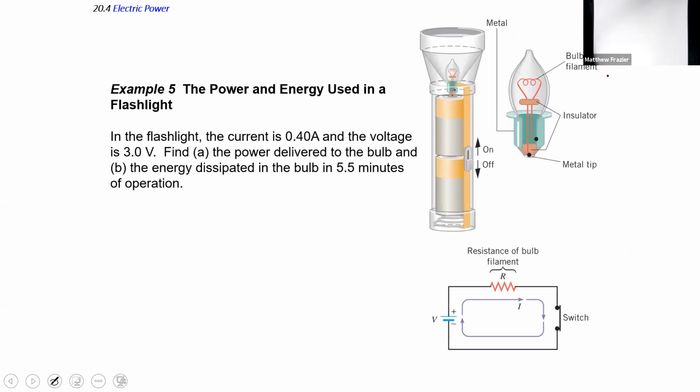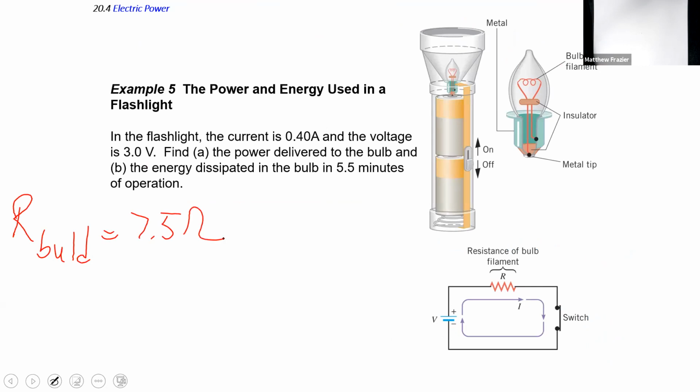All right, so an example. We want to know the power delivered to a light bulb in a flashlight. We use 3 volts and 0.4 amps. Remember that when we did this circuit before, the resistance of the bulb was 7.5 ohms.